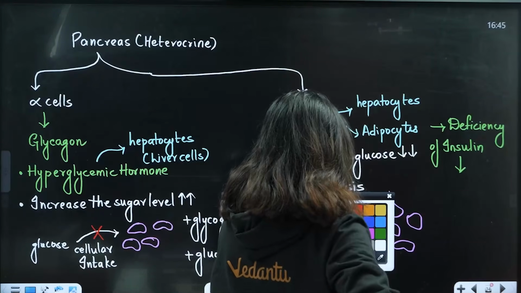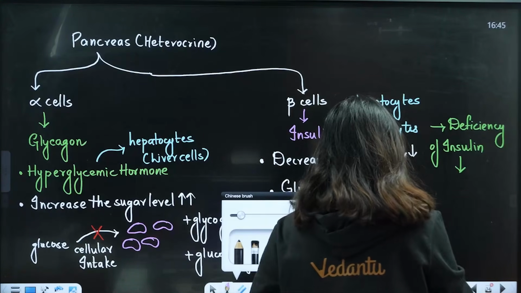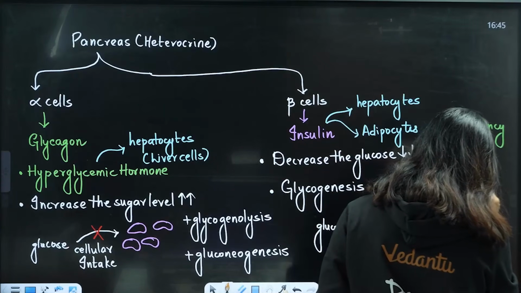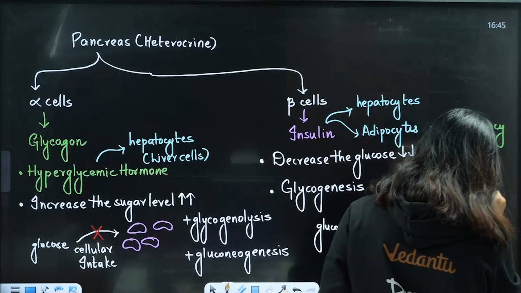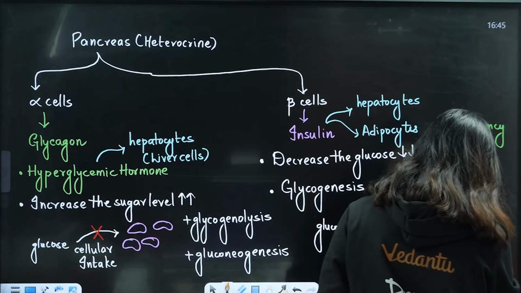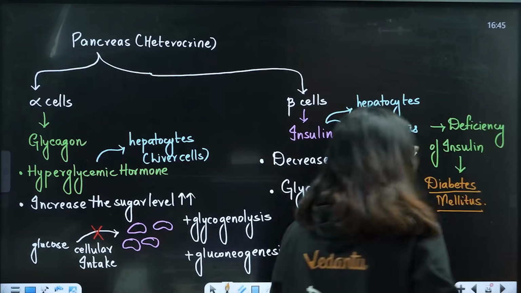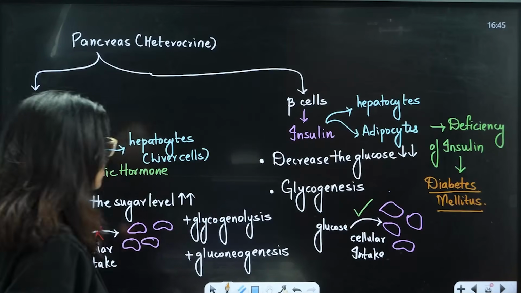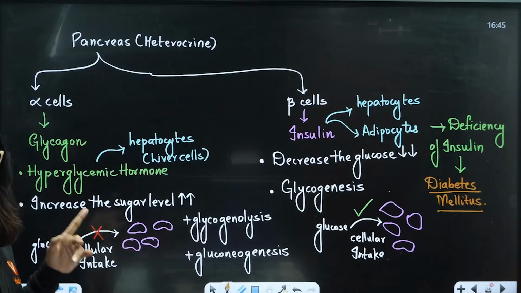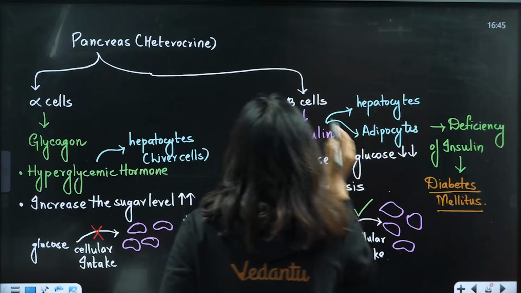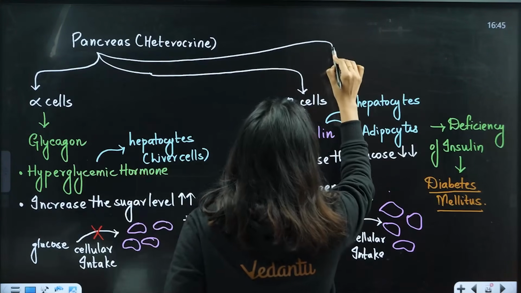Okay, diabetes mellitus. Understood this much? One more cell is there, that is your delta cell. Delta cell also is your somatostatin.